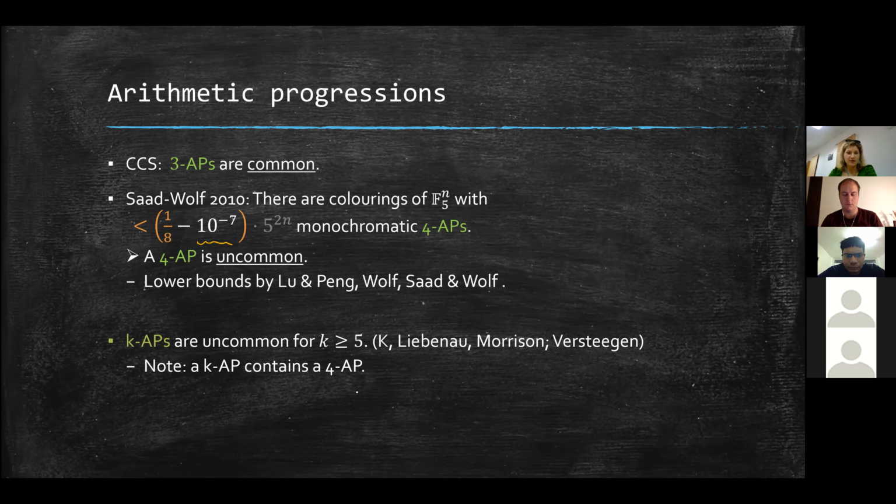So what we can actually show is that any system containing a 4-term arithmetic progression is uncommon. I'm not going to define "containing a 4-term arithmetic progression" because this theorem is not the main focus for today. It's just a parallel to the Jagger, Stovicek, Thomason result and something that people actually asked about.